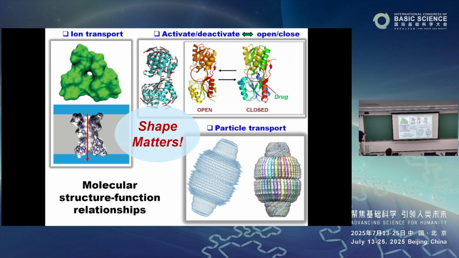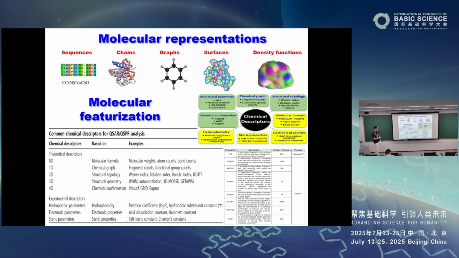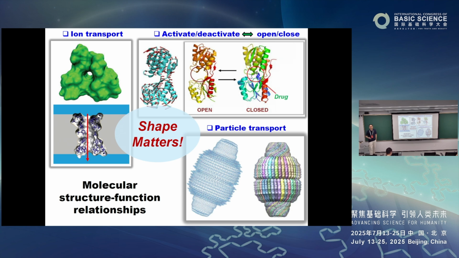Essentially, when you are interested in studying functions, a lot of the time people focus on structure descriptors because there is something called the structure-function relationship. If you can understand the structure very well, usually you can say a lot about the functions. For instance, I have this protein here. You may know nothing about it, and the only thing you may notice is that there's a big hole in the middle.